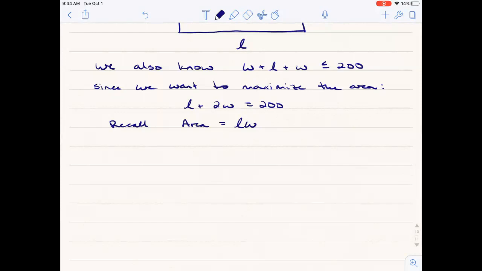So you've got a system of equations, and since we don't know what the area is, what I'm going to do is solve for either L or W up here, and then plug them in there and have an area function, because that's what we're hoping for.